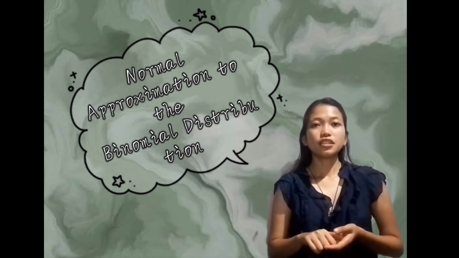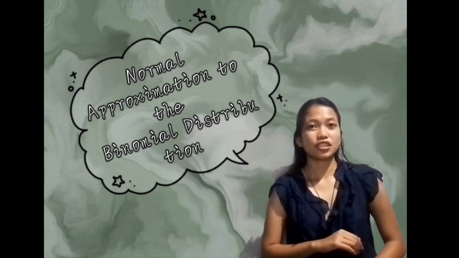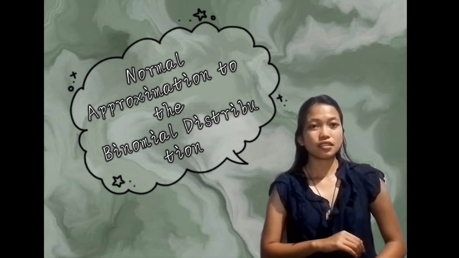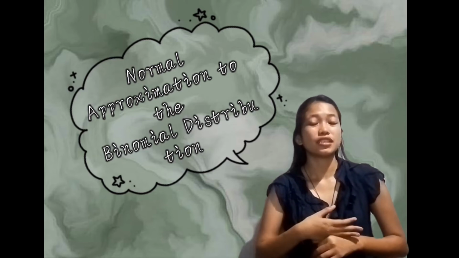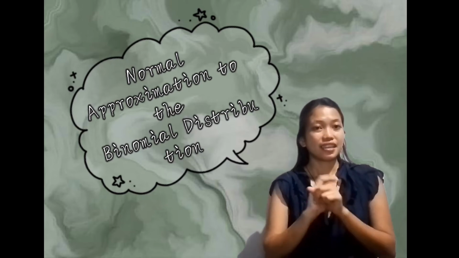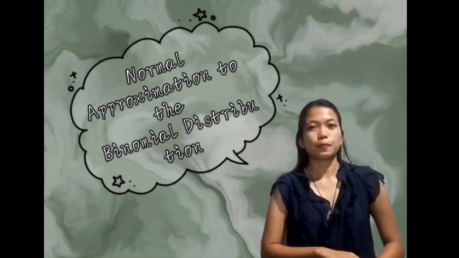Recall that a binomial distribution has the following characteristics. This will just be a brief discussion of the properties, since it was discussed in the previous topic about the discrete distribution.